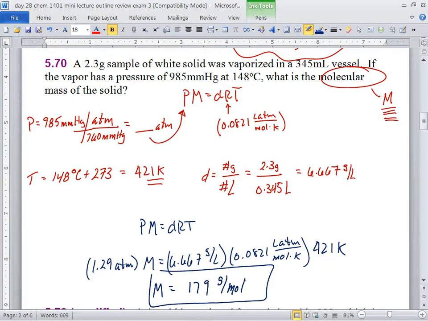So somewhere around 180, right? That's what I got for number 70. Did you figure it out?